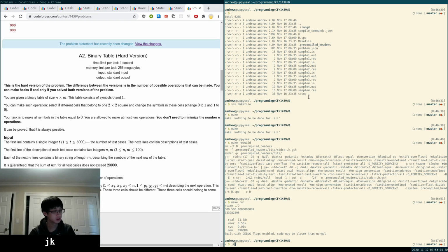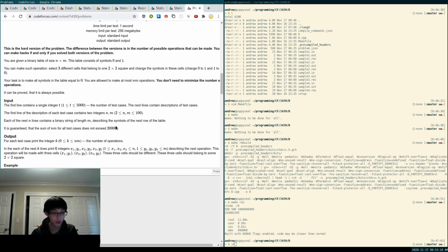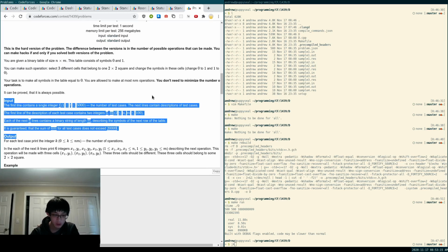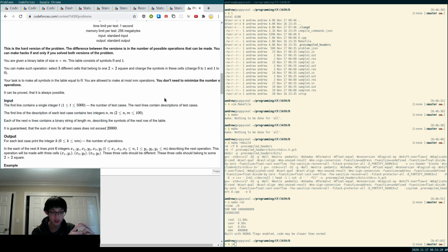In the second version of the problem, you only have NM moves, and so it's really not that much more complex. One thing to observe is that if you apply the same flip twice, it cancels out. So to solve a 2x2 square, there are only 4 possible flips, so you can definitely solve a 2x2 square in at most 4 moves. To solve a bigger rectangle, you can slowly eliminate rows.